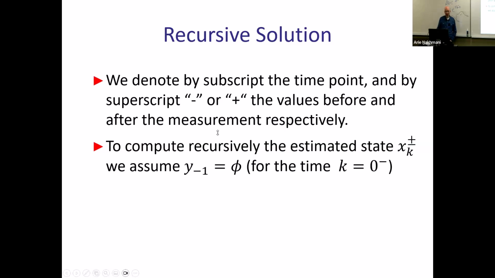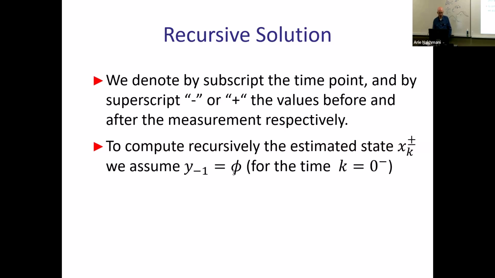Also, I need to assume something about what happened before zero time, because since the solution is recursive, I need to start somewhere. I need to start at the point of k equals -1, the pre-zero state, when I actually know what x0 is, how it is distributed, and things of that kind.